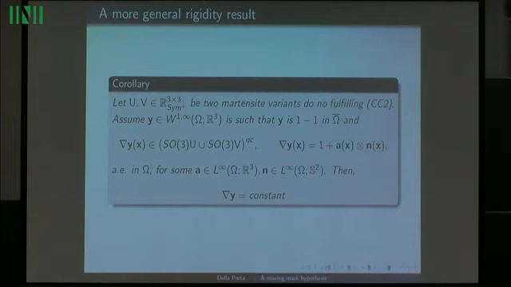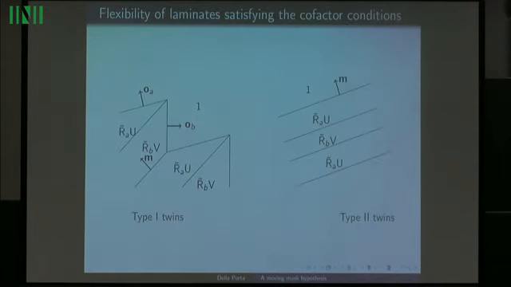And I like this result quite a lot, because one can also be more precise and show that when the cofactor conditions are satisfied, you have exactly 1 degree of freedom, so you can vary the volume fraction exactly in this direction m.